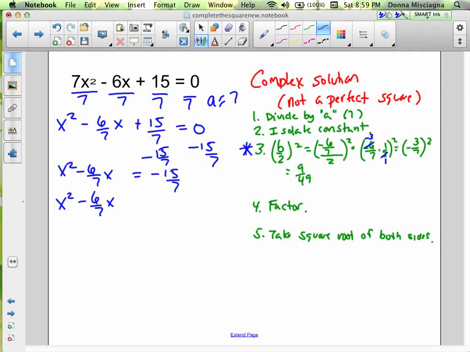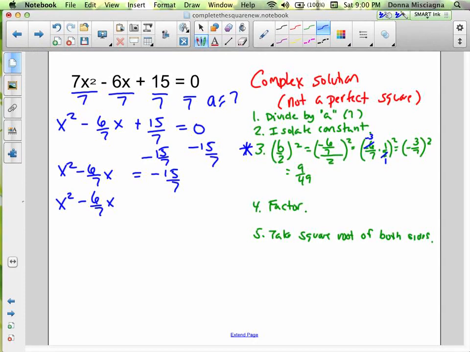Half of negative 6/7 means I'm going to divide it by 2. So negative 6/7 divided by 2 is the same thing as negative 6/7 times a half. That would be negative 6 over 14 squared, but we can reduce that. Negative 6 over 14 reduces to negative 3 divided by 7 squared.